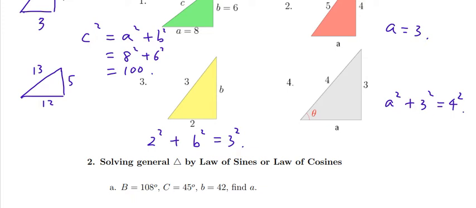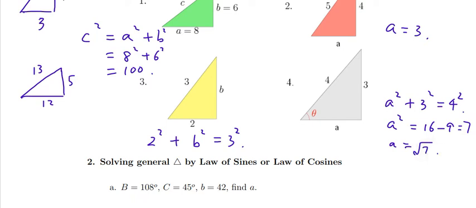From here we can find A squared: 4 squared minus 3 squared, which is 16 minus 9, so equals 7. So we say A equals radical 7.